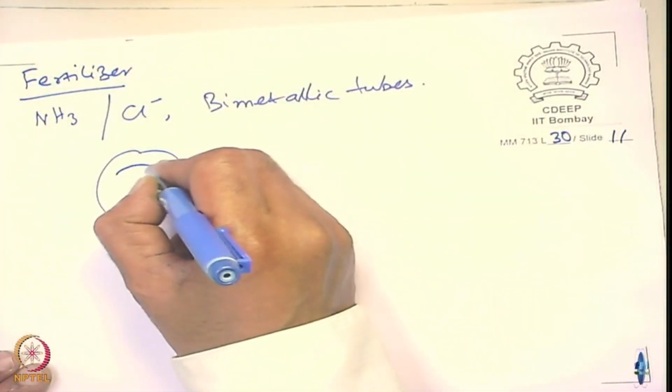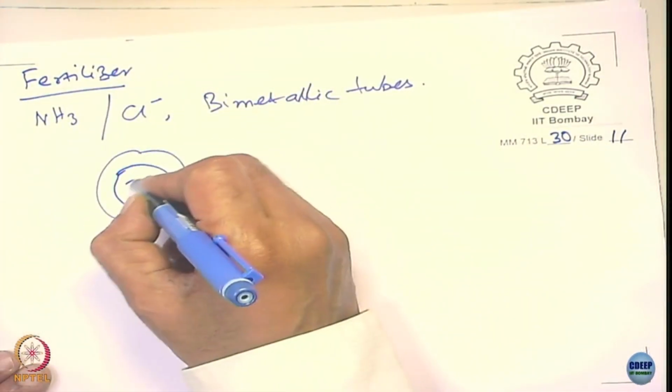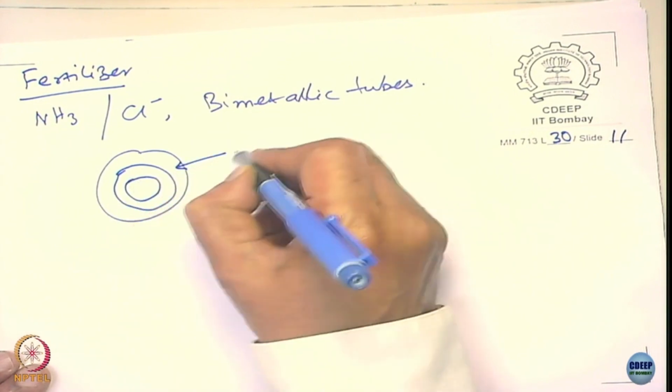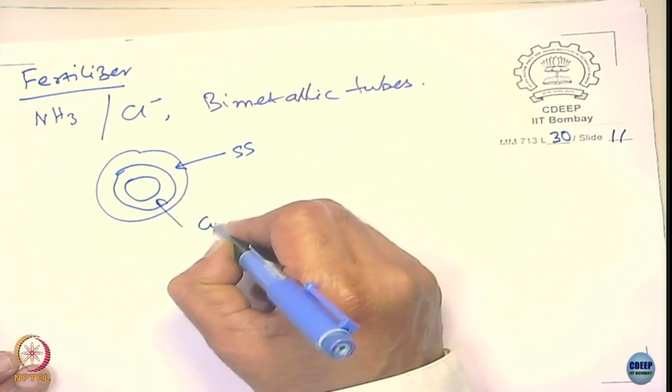Are these bimetallics bonded together? Yeah, they bond it. You can do whatever, it depends upon how the stream looks like. You can have copper outside, steel inside, depending upon the technology that is available, but they are simply bimetallic tubes. This may be your stainless steel, this may be your copper based alloy.